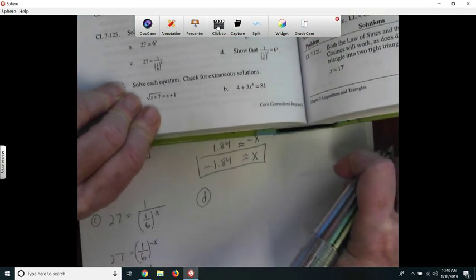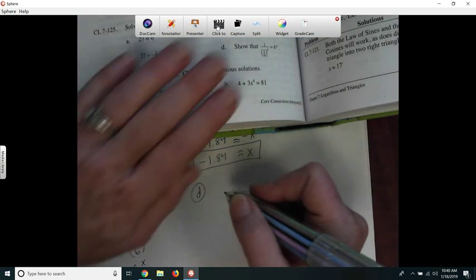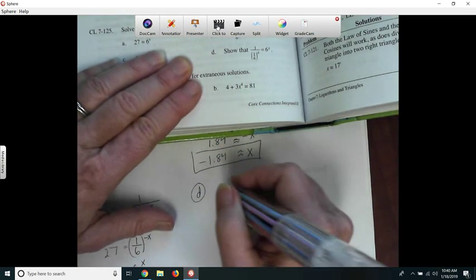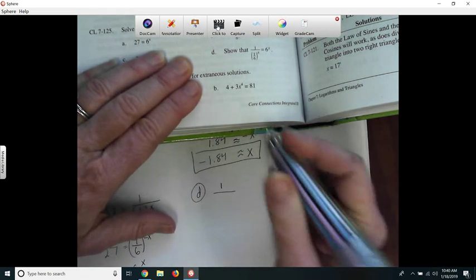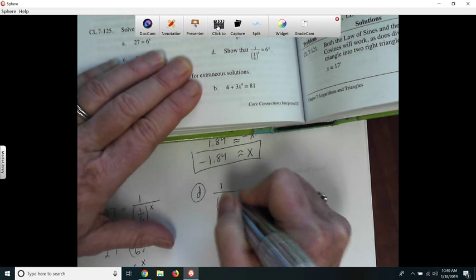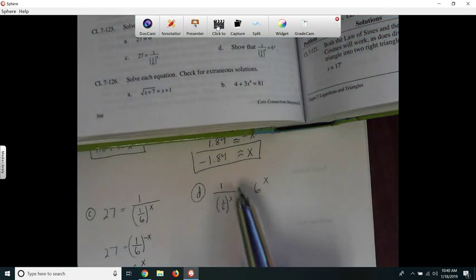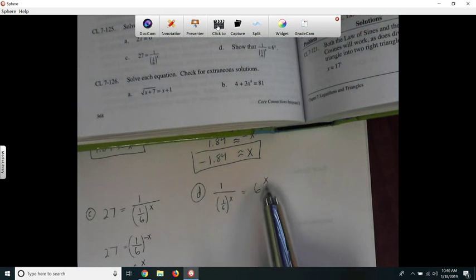And then the last one that they ask you to do is letter D. Okay, so on letter D, it wants me to show, like prove. So they're saying, show me that, well, we've kind of already shown it in the above steps, but this is kind of, I think, what they want. I think they want me to kind of rearrange the left-hand side so that it's equal to the right-hand side.